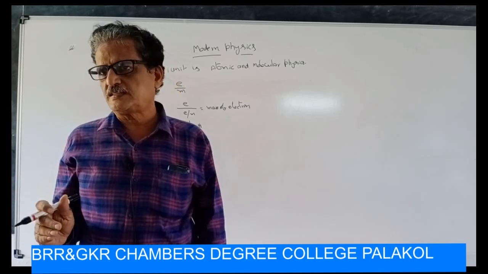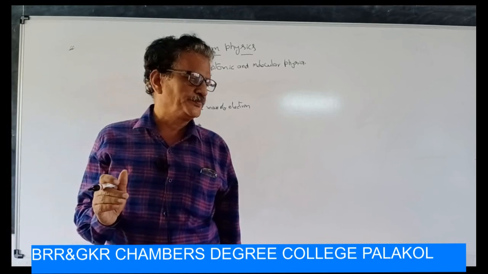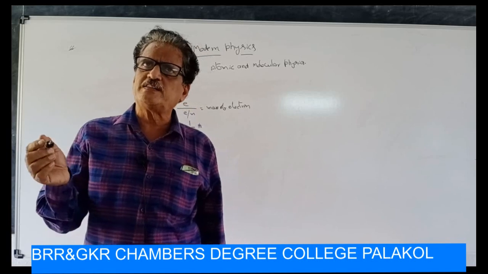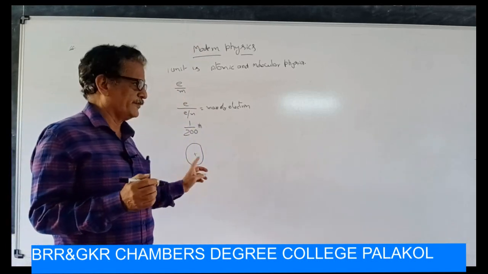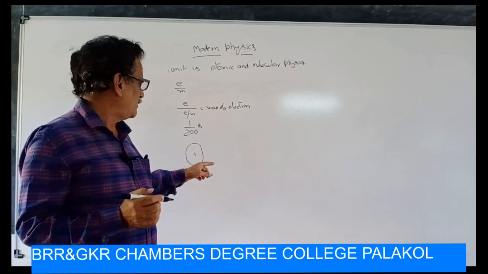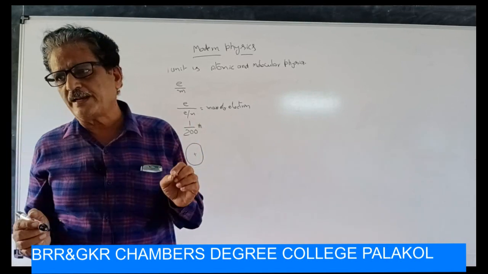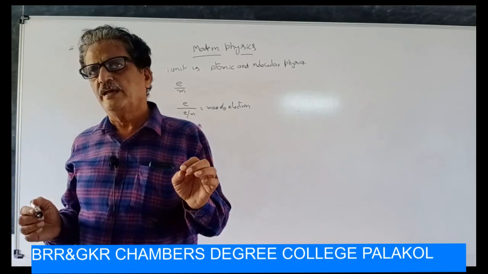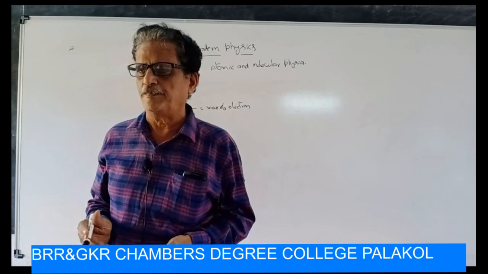So, this leads to the collapse of the atom. In order to avoid this difficulty, Bohr proposed this circular orbit. His assumption is that when the electron is revolving in its orbit, it cannot radiate any electromagnetic energy.